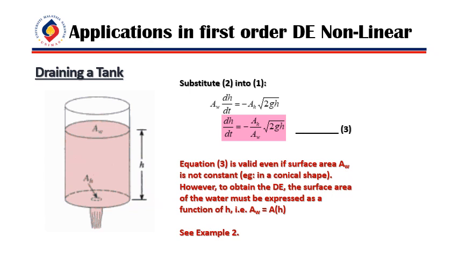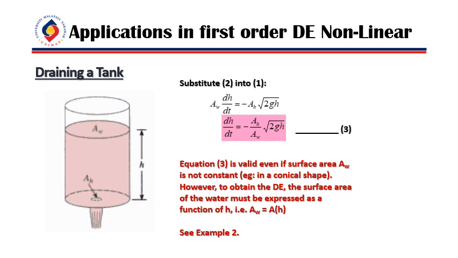This equation 3 is valid even if the surface area A sub w is not constant. So we can use this equation for any shape, such as a conical shape, where the surface area is not constant. We can use this equation as well.